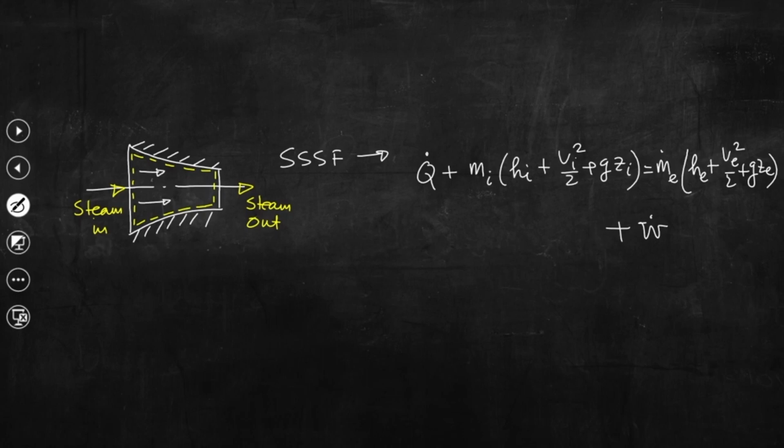Now, since we can see from this particular depiction that when there is a flow of steam through a nozzle, nozzle is insulated essentially to prevent any heat loss from the flowing stream to the ambience. So, this quantity Q dot equal to 0, and mind it, we have written this equation in the rate form.